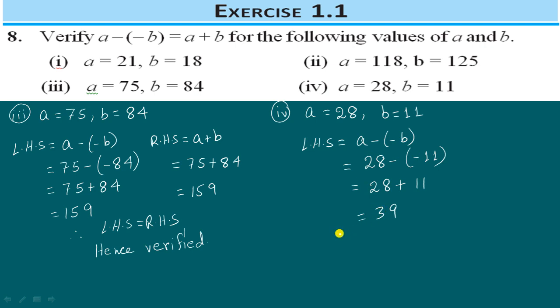And we put the value of right hand side, that is a plus b. Putting the values, we are getting 28 plus 11, that is equal to 39. Both are same, so we can say that left hand side is equal to right hand side. Hence verified.